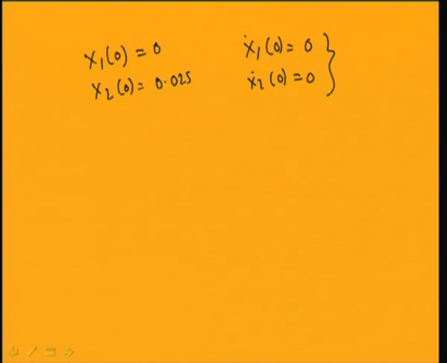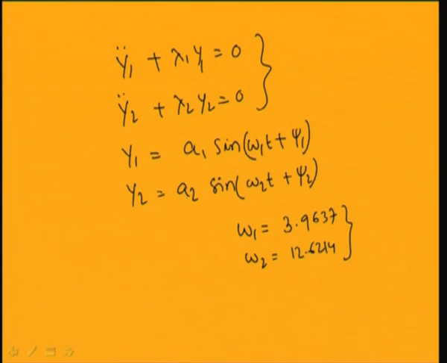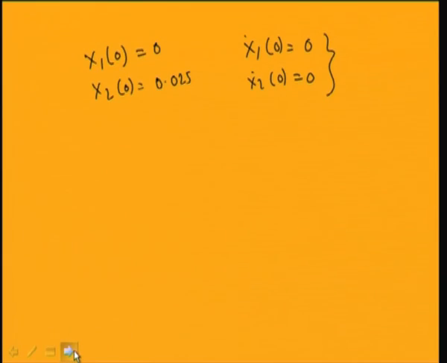By taking these 4 initial conditions and substituting in the previous equation, I can obtain y1 0 equal to 0, as I have substituted x equal to P y. When x1 equal to 0, y1 becomes 0, and when x1 dot equal to 0, y1 dot also equals 0. By substituting these, I can find the coefficients a1, a2 and psi 1, psi 2.